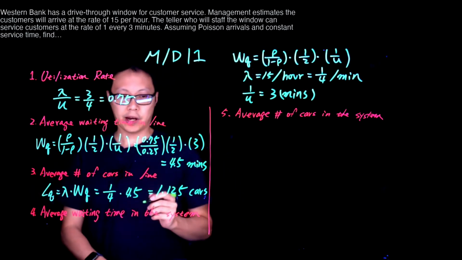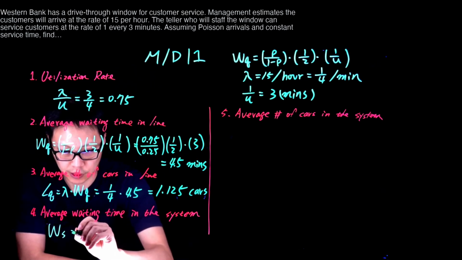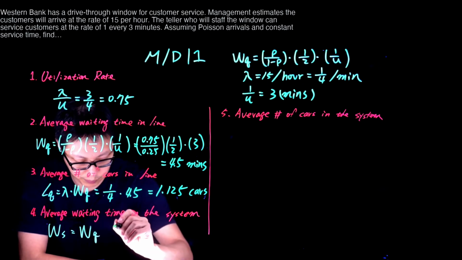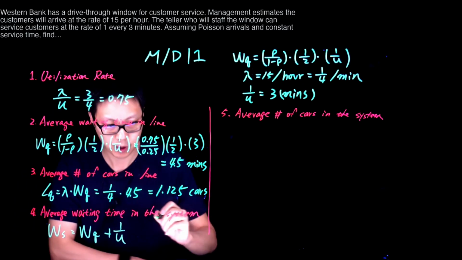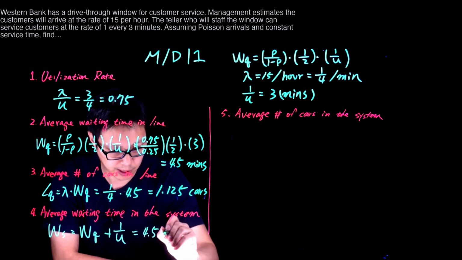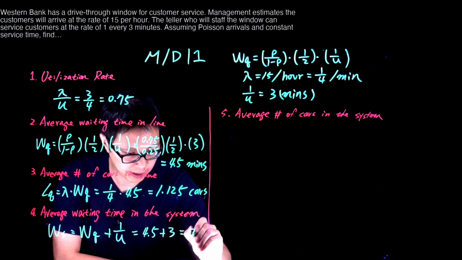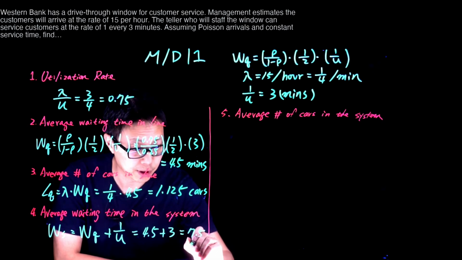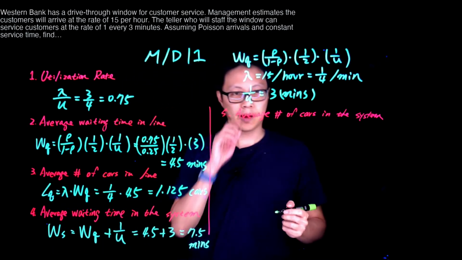The average waiting time in the system, WS, is equal to WQ plus 1 over mu. So I have 4.5 plus the service time of 3 minutes. That will be 7.5 minutes. Okay.